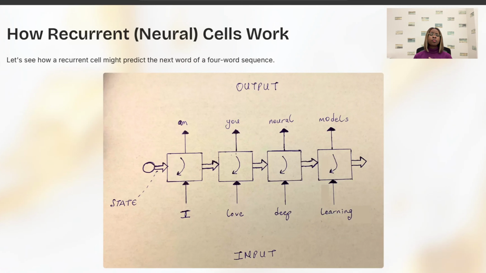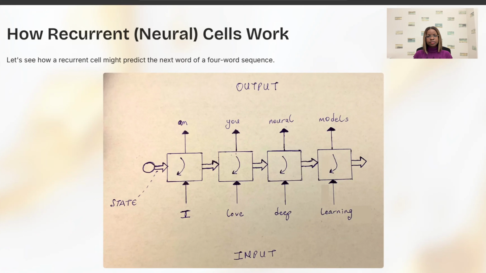Remember, we wanted it to predict the next word of a 4-word sequence. So when I give it the first input, I, the recurrent neural cell predicts that M should be the next word. But because we are only interested in the words that come after the 4th word, we ignore it.